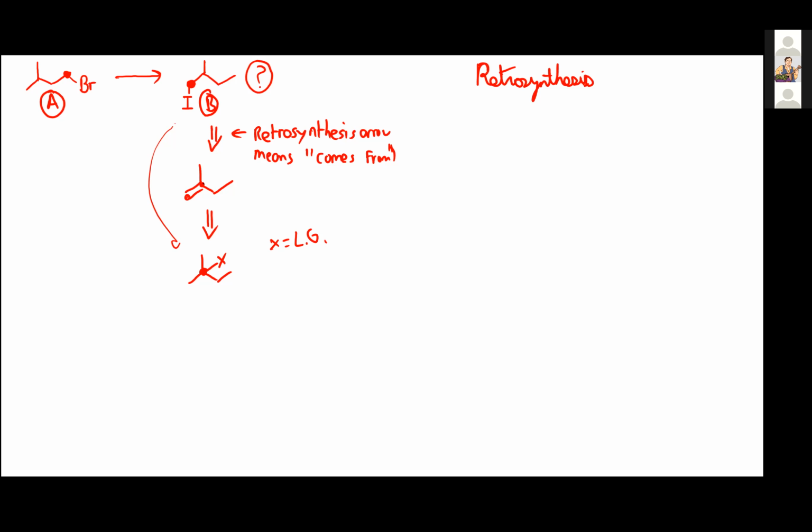Now, how do I make this? Well, again, thinking about coming from where I'm going, starting from and going to, I can make it from that. And now this, I can go forward. There's not a lot I can do, but I can eliminate that, make a double bond. So again, what I'm doing there is I'm saying I can manipulate this carbon and I can do eliminations so I can get both of these carbons.